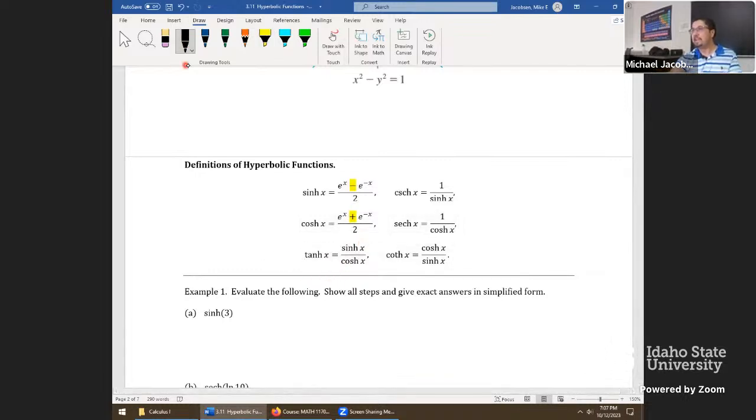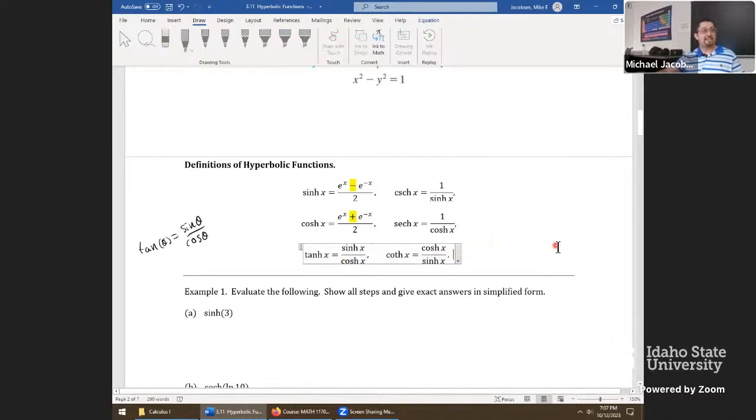For example, in trigonometry, tangent of theta is sine theta divided by cosine theta, exactly like what we have right here. Cotangent theta would be cosine theta divided by sine theta. So hyperbolic cotangent theta is cosh divided by sinh.